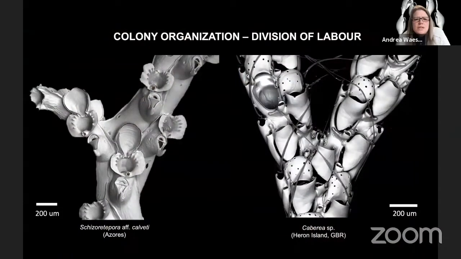In terms of the colony organization, the colonies are composed of individuals called zooids, and in bryozoans, the zooids can take on different forms and functions, so they're highly polymorphic. So this is an example of two different species, and here we can see a feeding zooid, where the filter-feeding tentacle crown would come out.